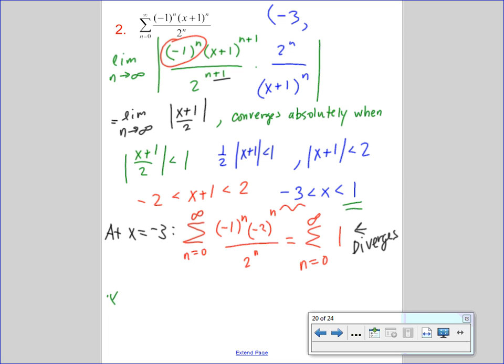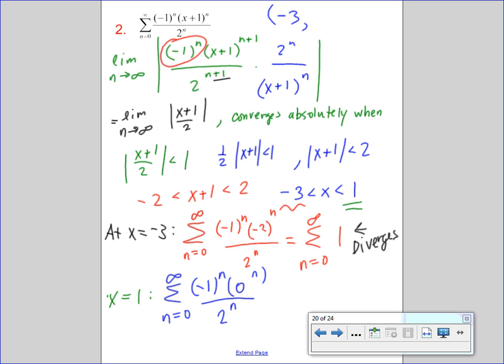At x equals exactly 1, then my series becomes n equals 0 to infinity of -1 to the n, -1 plus 1 is 0. Are you guys getting 0? To the n over 2 to the n.